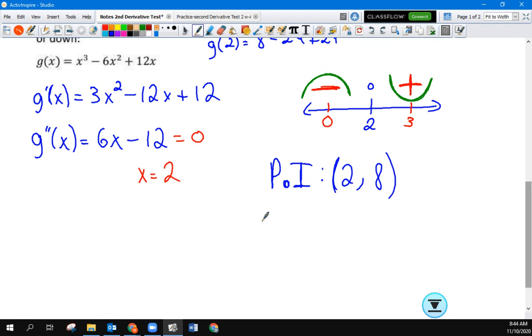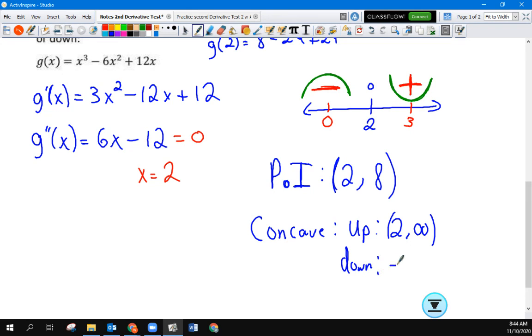And again, it also asks us to do our concavity. So it is concave up from 2 to infinity, and concave down from negative infinity to 2.